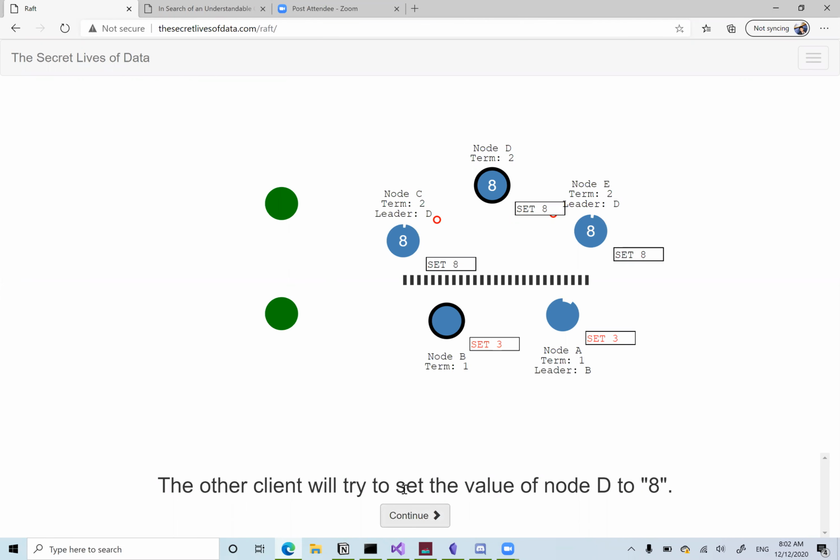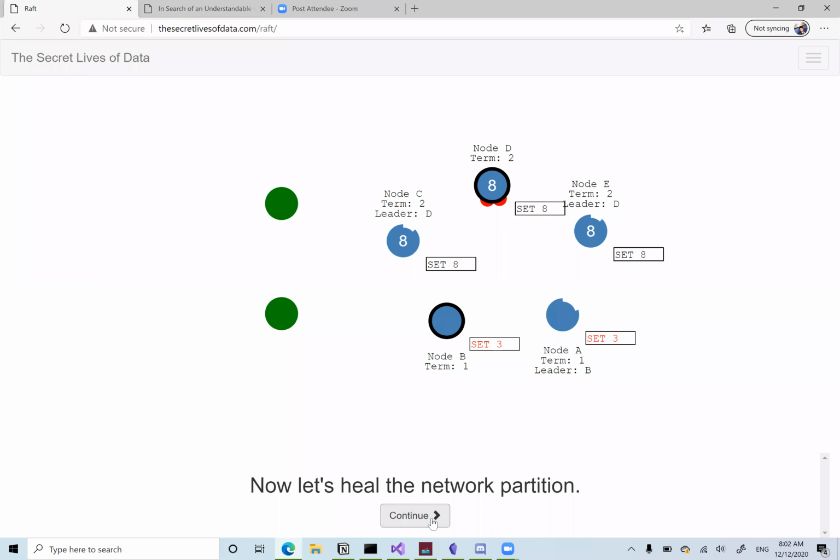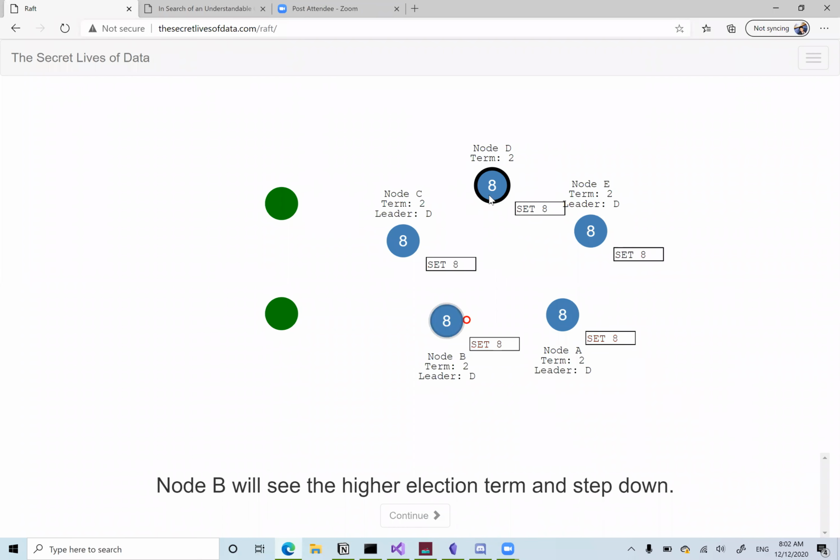The other client will try to set the value of node to 8, and this will be successful because it can replicate to a majority, right? So now when the network partition is healed, this leader will send the heartbeat messages to all the nodes, and node B will see the higher election term and step down.